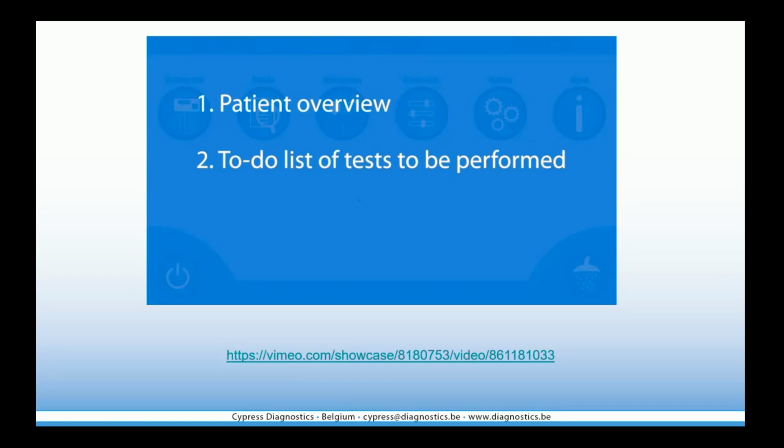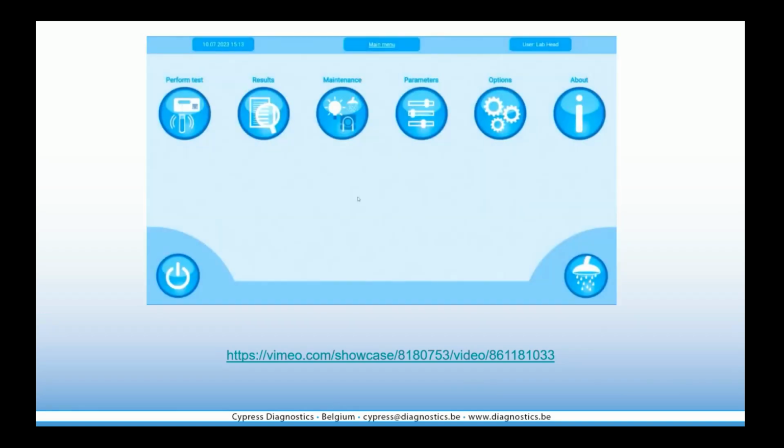Secondly, a to-do list is created and updated automatically, and suggestions of which tests should be performed next are displayed. Emergency samples are prioritized. Let's show you the 1, 2, 3 of creating a patient work list.